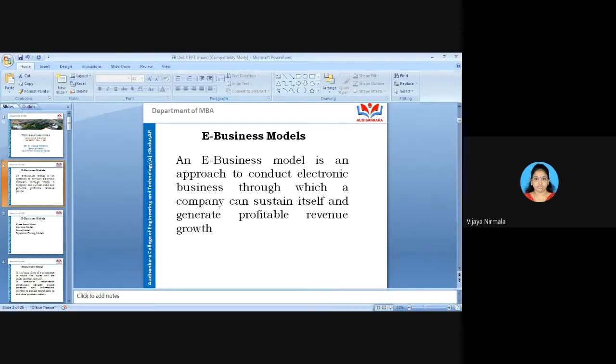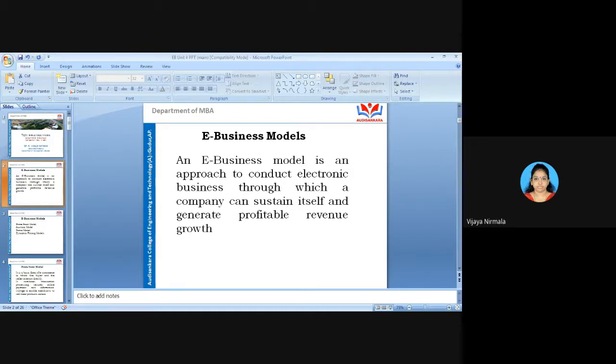These e-business models are represented descriptively. They are descriptive representations of the fundamental components of a business. Whatever the business may be, its fundamental components are presented through descriptive representation.